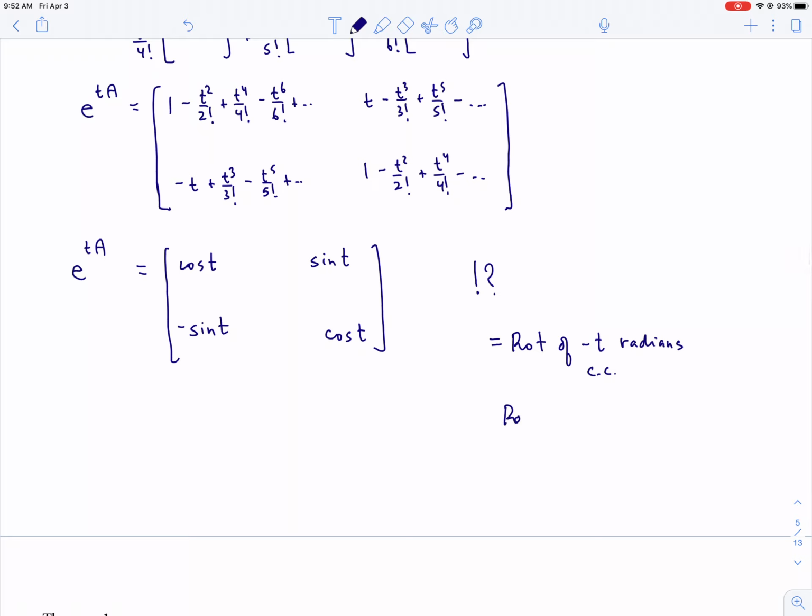Remember, the rotation matrix for an angle theta was cos theta, sine theta, because that's where 1, 0 would be rotated to, and minus sine theta, cos theta, because that's where 0, 1 would be rotated to.